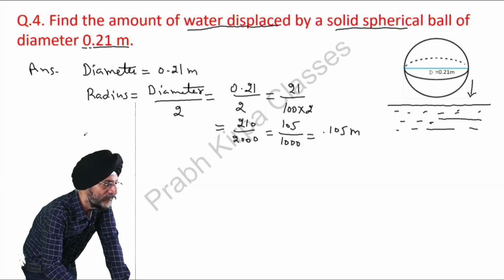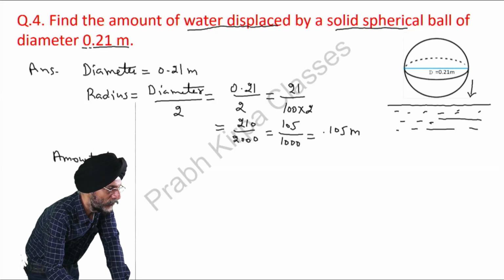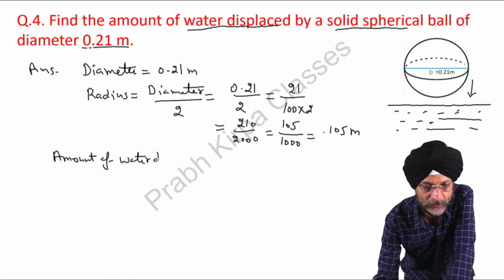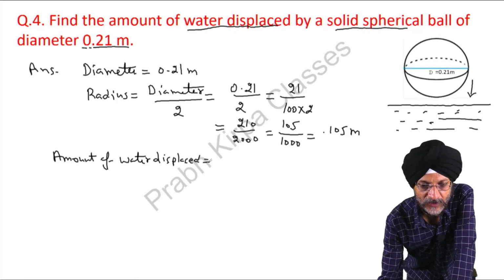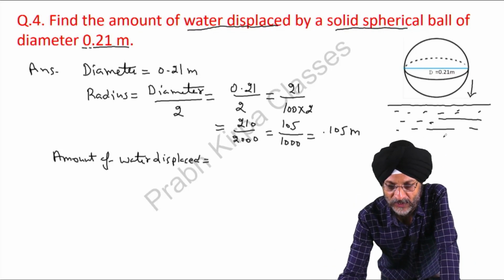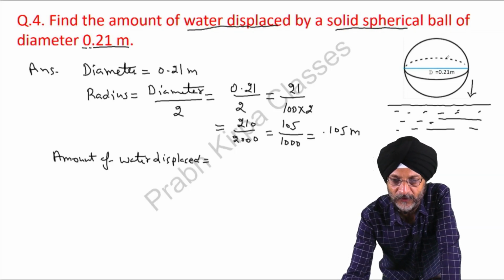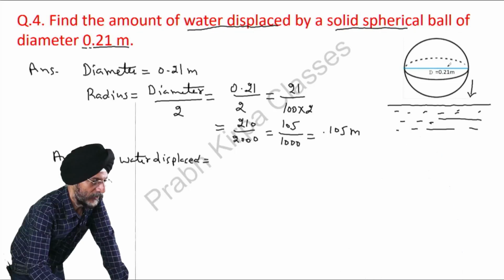Now what is the question before us is amount of water displaced, which we have to calculate. Amount of water displaced by spherical ball. Now when we put this spherical ball into water, the amount of water displaced will be equal to the volume of the spherical ball.